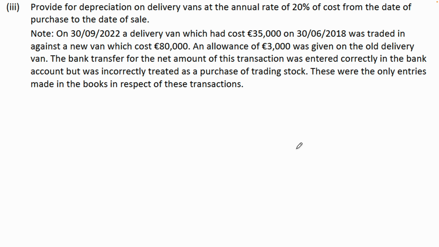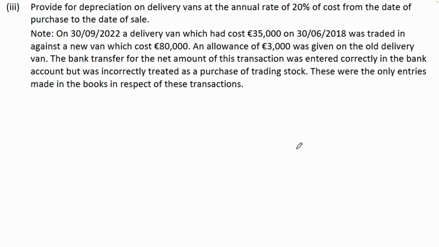All right, adjustment number 3. Provide for depreciation on delivery vans at the annual rate of 20% of cost from the date of purchase to the date of sale. Note, on the 30th of the 9th, 2022, a delivery van which had cost 35,000 on the 30th of the 6th, 2018 was traded in against a new van which cost 80,000.